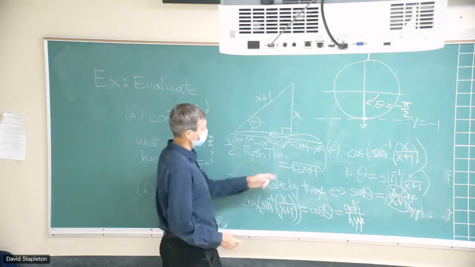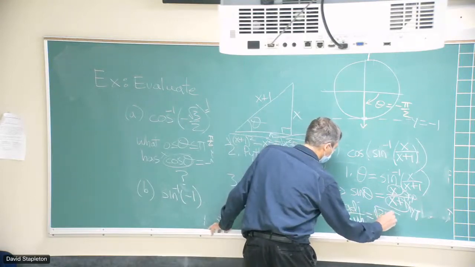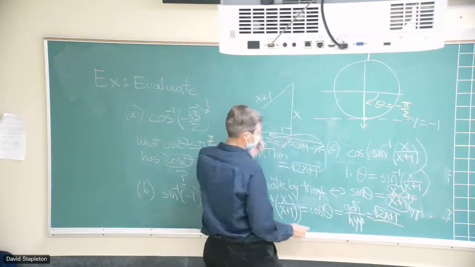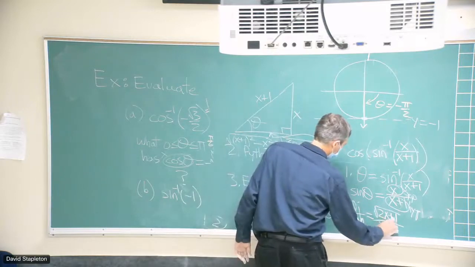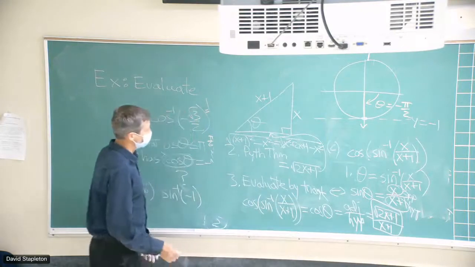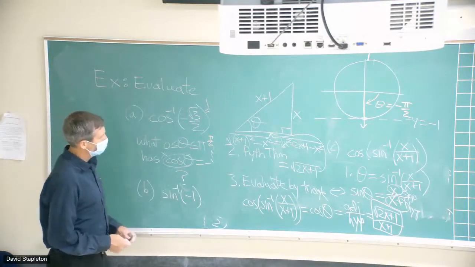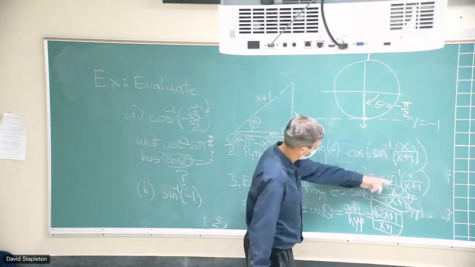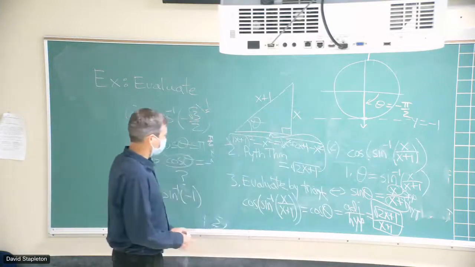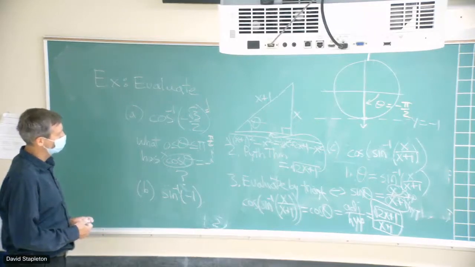Adjacent, I computed, is square root of 2x plus 1. Hypotenuse is x plus 1. There it is exactly. It doesn't matter what x is, that's exactly the result, as long as arc sine is defined for that thing. So x over x plus 1 has to be between plus and minus 1, and this will be the cosine of the arc sine of x over x plus 1, always. How about that?